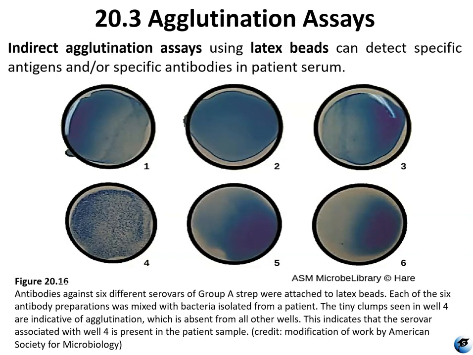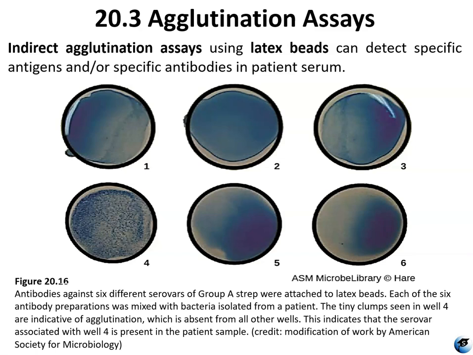This is what an indirect agglutination assay looks like. So these are latex beads, okay? And what you have here is it's testing 6 different types of group A strep throat, and it attaches the antibodies to the latex beads, and each of these are mixed with bacteria isolated from a patient.